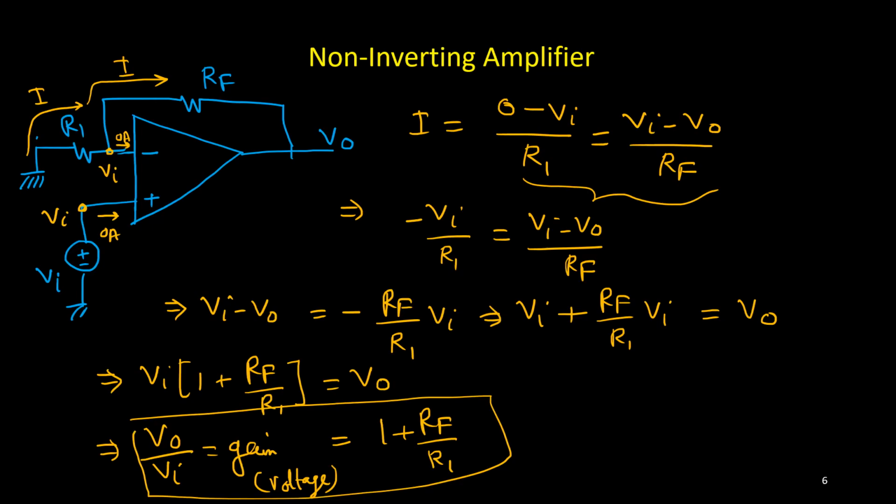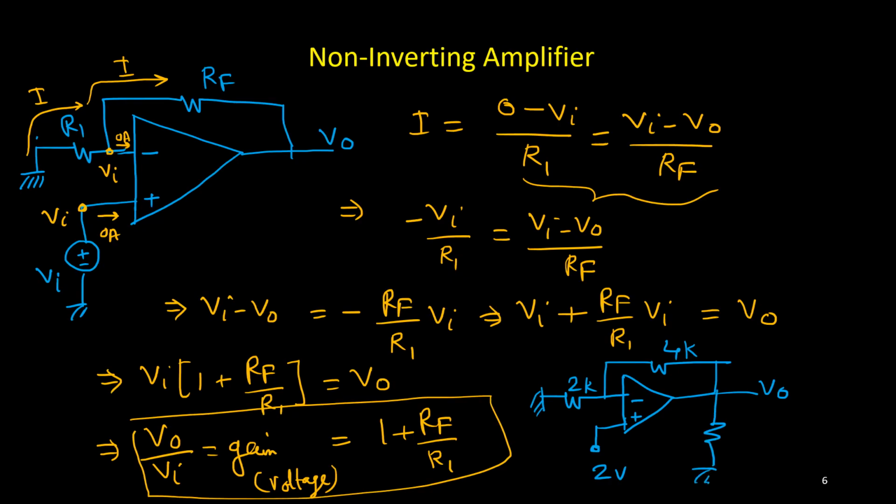Suppose you take a quick example. If I consider this one is 2K, this is your 4K. This is grounded, and at this end we apply 2 volt. This is minus, this is plus, and this is voltage V0. You can connect any resistance here, that doesn't matter.